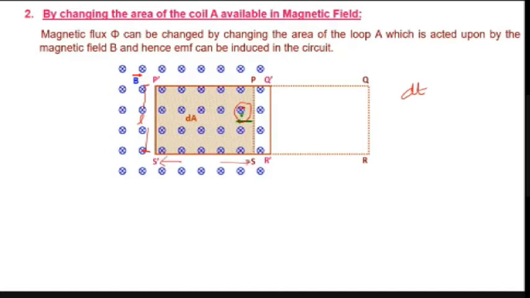The total distance is the breadth; I can take this as the breadth of the total coil, but I am not interested in the total coil. This much is the change. How much will be this distance, S dash S? Velocity is given, it is moving with velocity v, and to move that much distance, it has taken dt time.